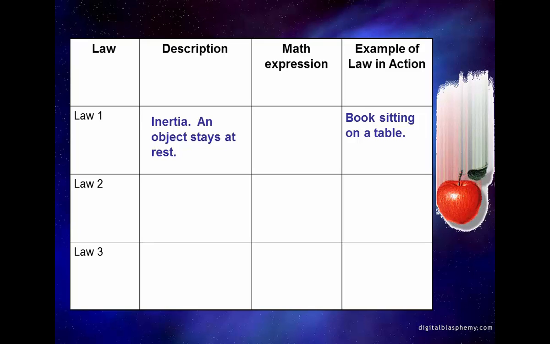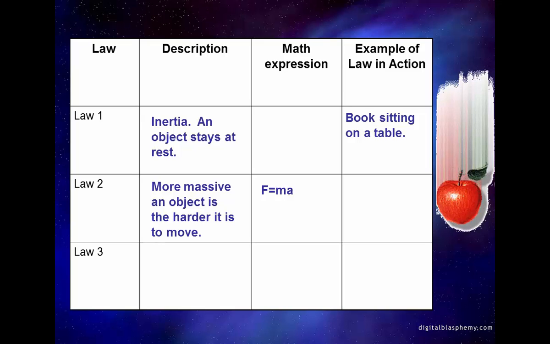Newton's second law. The more mass an object has, the harder it is to move. And we do have a mathematical expression that helps us calculate this: F equals ma. Force equals mass times acceleration. Sounds like some kind of soccer thing.